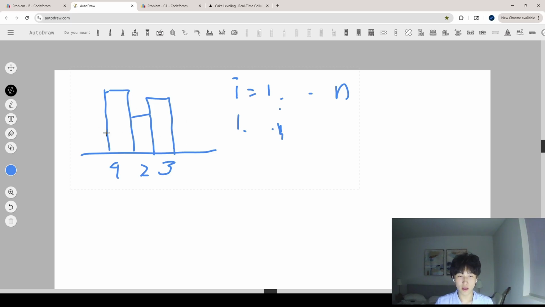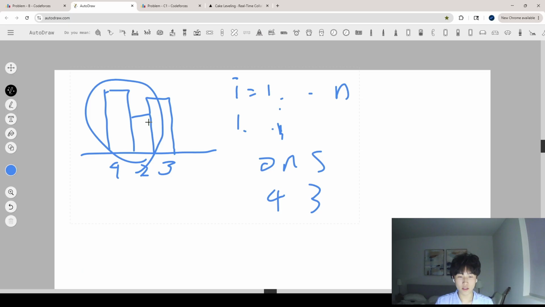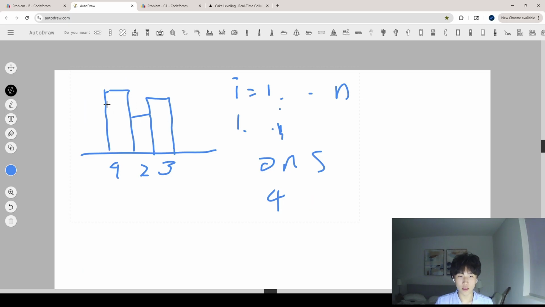So for example, in this problem, the answer array, the first index would be 4 because by itself, all the heights have equal value. But then at this part of the question where I is equal to 2, the correct answer is 3 because you can push off this part of the icing and push it onto index 2, and this will make both of them have height 3.